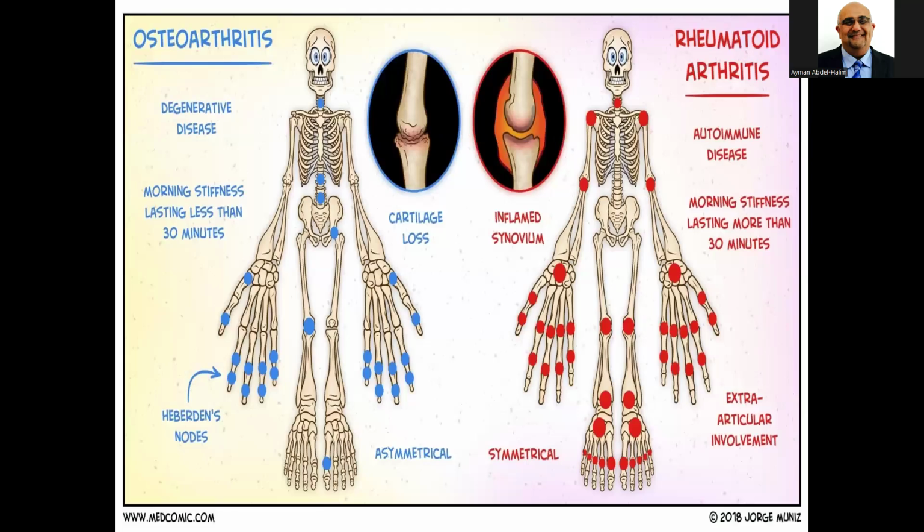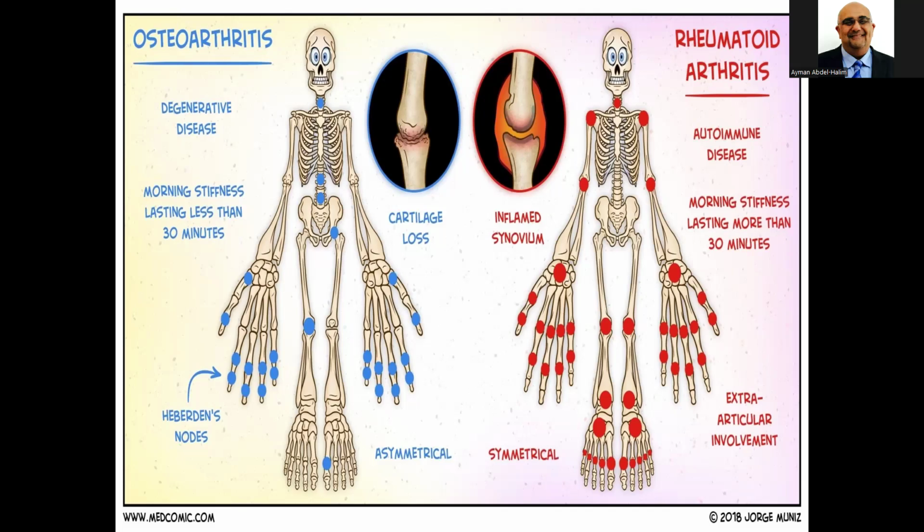This is a comparison between osteoarthritis and rheumatoid arthritis. Osteoarthritis is not an autoimmune disease. It's a degenerative disease related to age, obesity, and trauma. It could be hereditary.